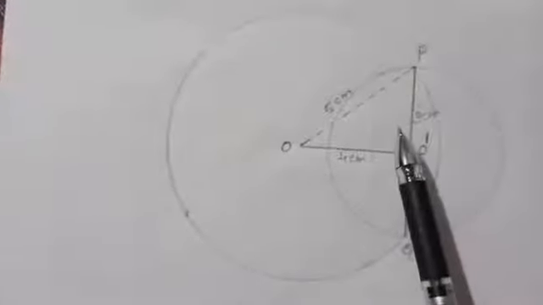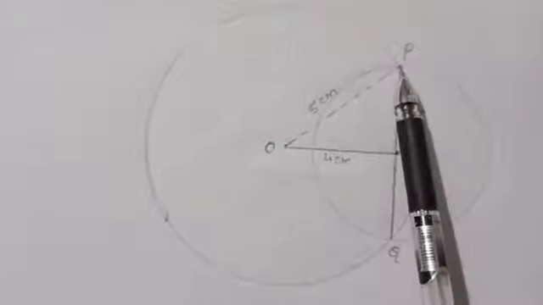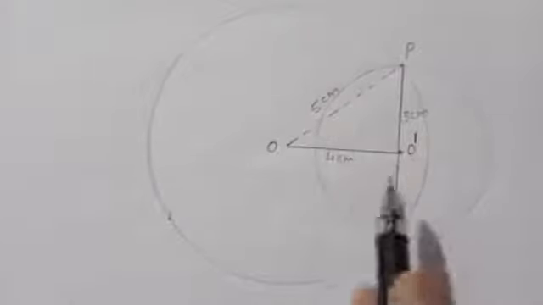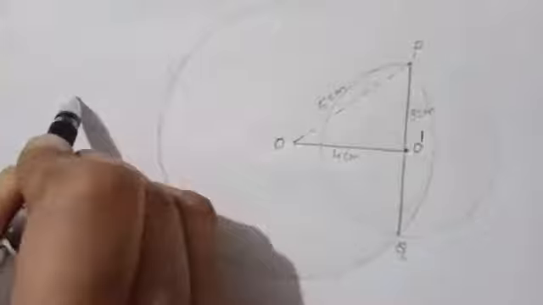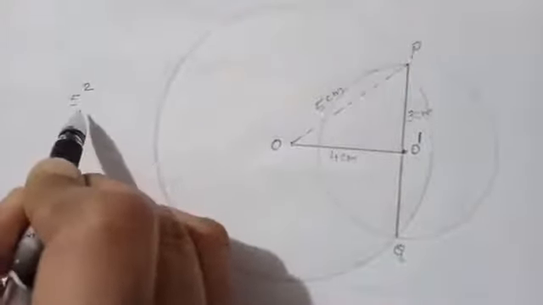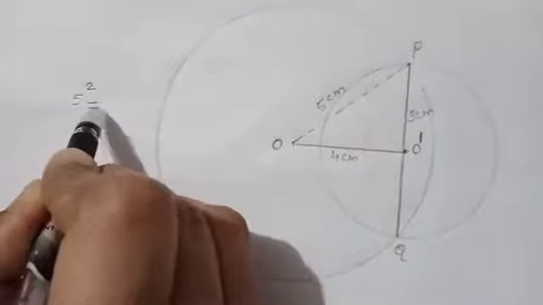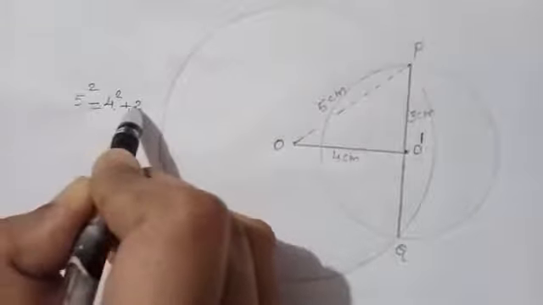So first consider 5 square. Suppose this is a right angled triangle. So we are going to prove that this is a right angled triangle. Suppose this is the hypotenuse. So hypotenuse square, that means 5 square is equal to 4 square plus 3 square.